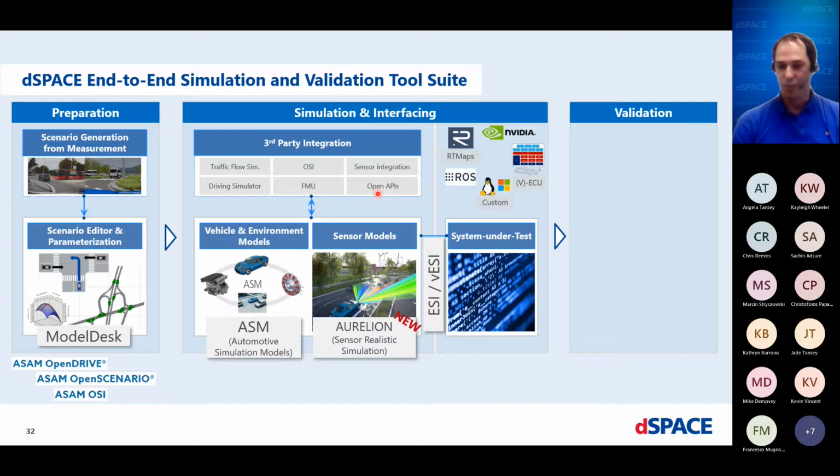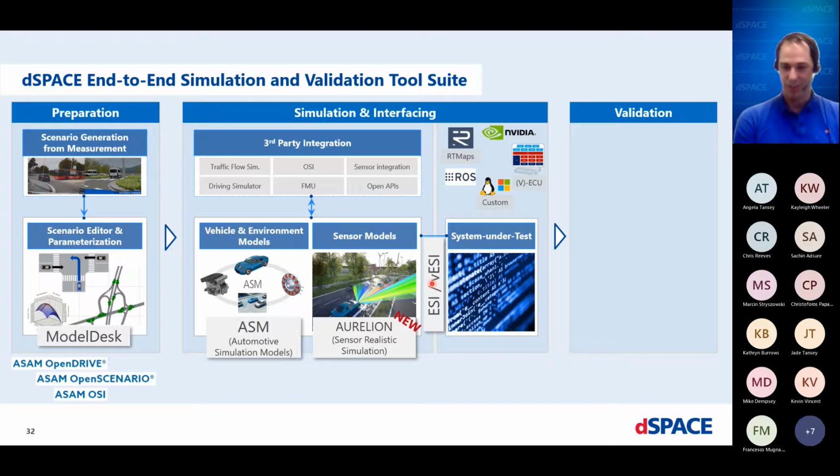Then to be able to do this sensor simulation, we have what we call a virtual ESI unit, the environment sensor interface unit, which allows us to feed simulated environments from a system which runs high-power GPUs into the virtual environment, to feed that information into the virtual ECU.